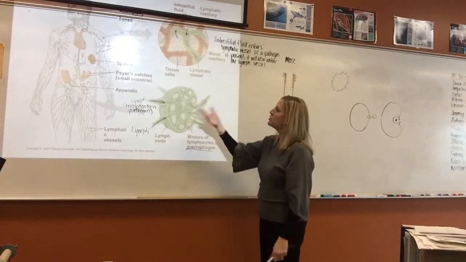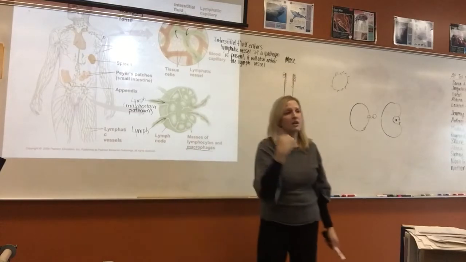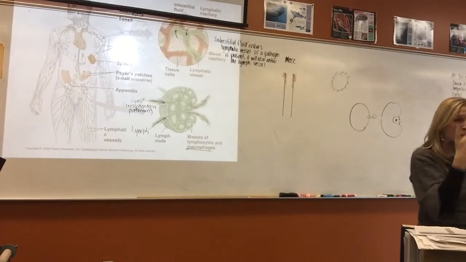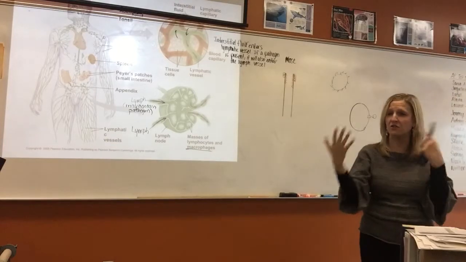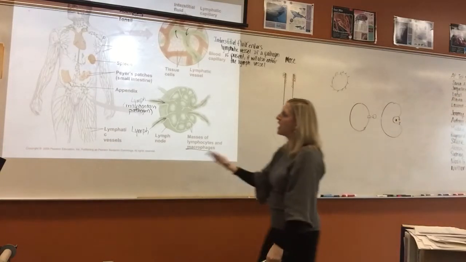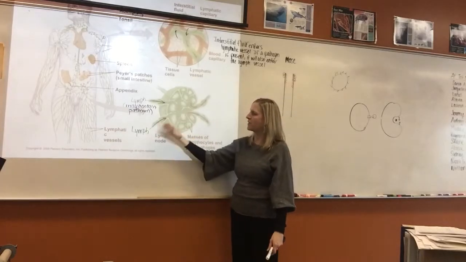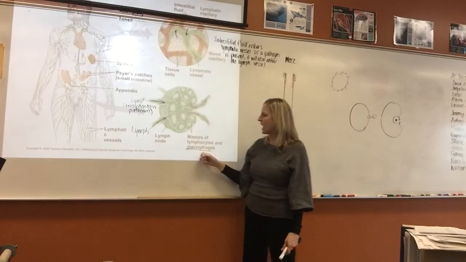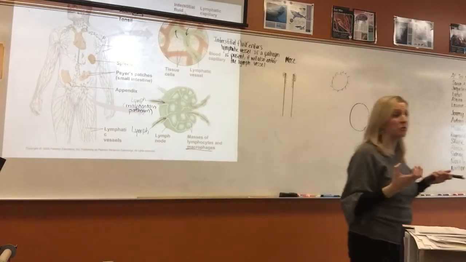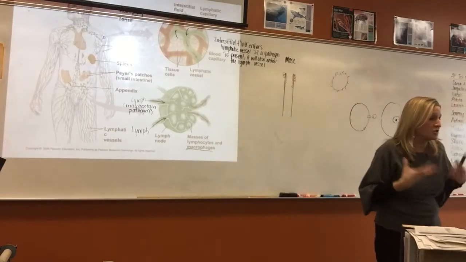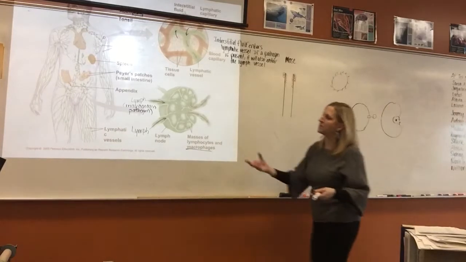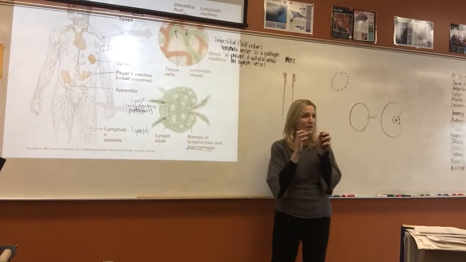So usually, when you get an infection, if you have just one bacteria, it'll quickly multiply and you get lots of them. So let's say you have an infection going on, and all of this bacteria keeps on going into your lymph nodes. What will happen is your body will produce more macrophages, and as your macrophages are working to digest all of these pathogens, your lymph nodes will swell up.